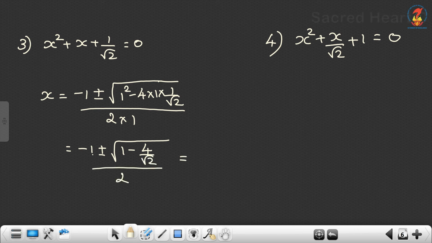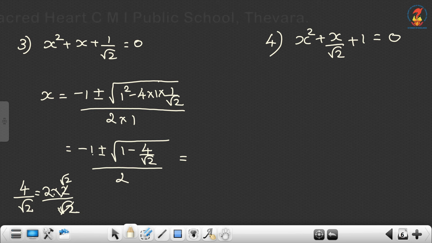Then how we simplify 4 by root 2? 4 by root 2, 4 is 2 into 2 by root 2. 2 and root 2 we can cancel, and we can write 2 root 2. 4 by root 2 is same as 2 root 2. So, that is equal to minus 1 plus or minus root of 1 minus 2 root 2 by 2.